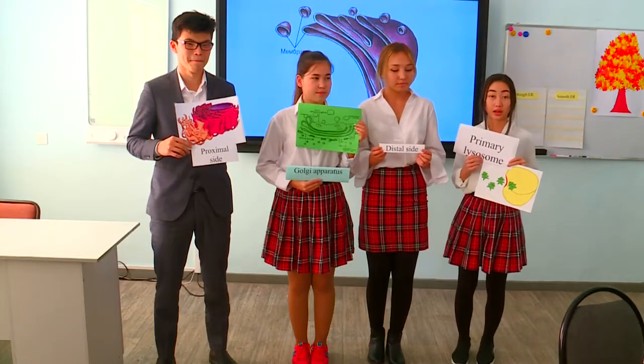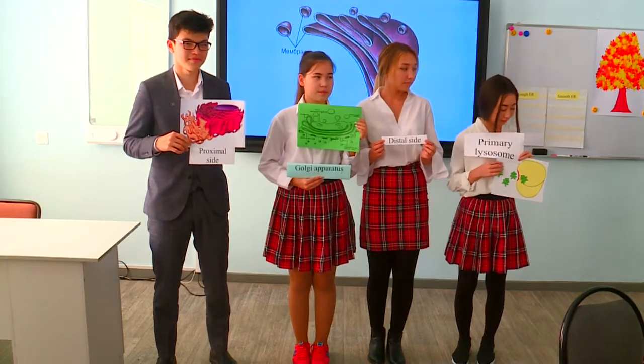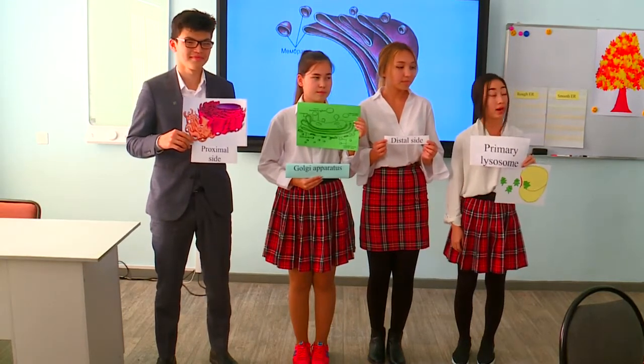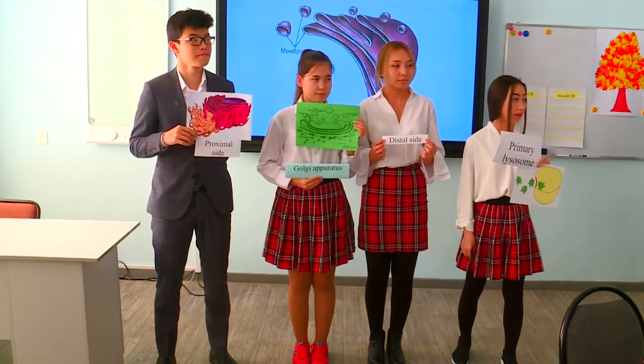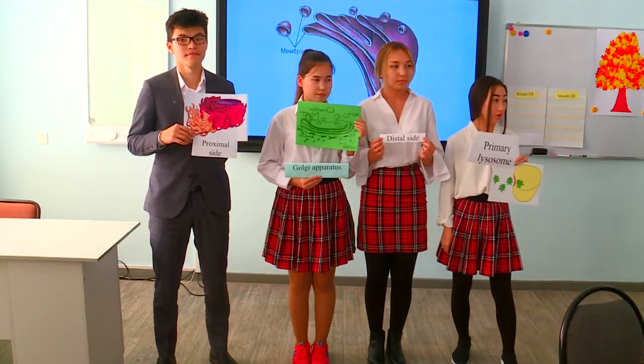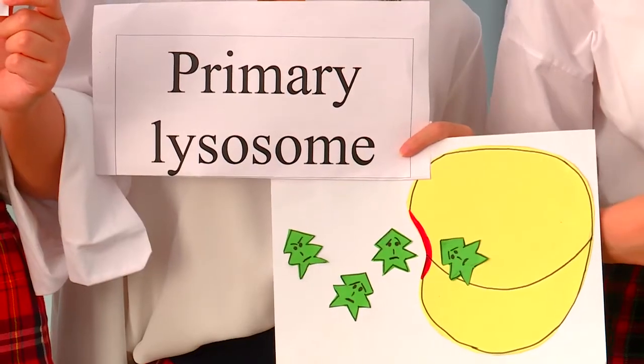I am primary lysosome. I can contain from 20 to 60 different types of hydrolytic enzymes. Lysosomes, which are budded off the Golgi apparatus, are called primary.